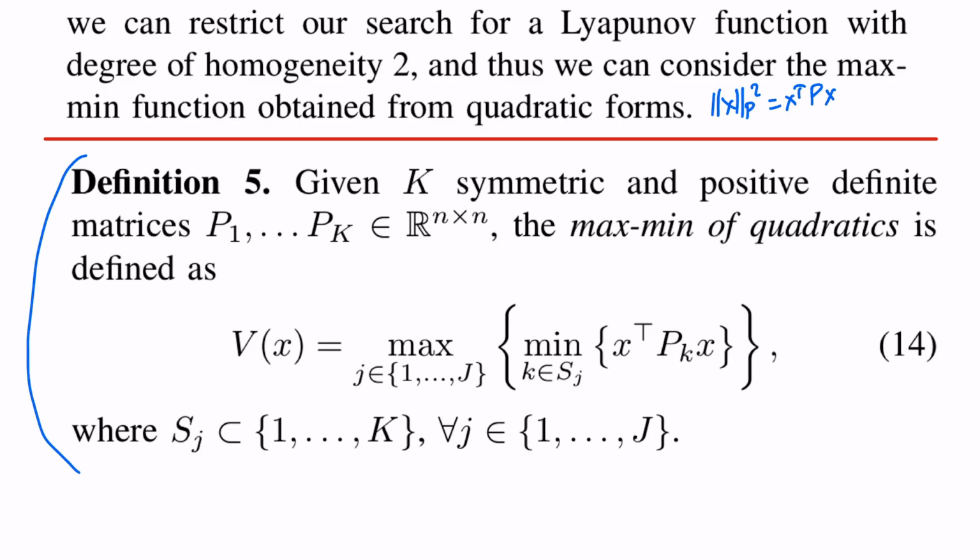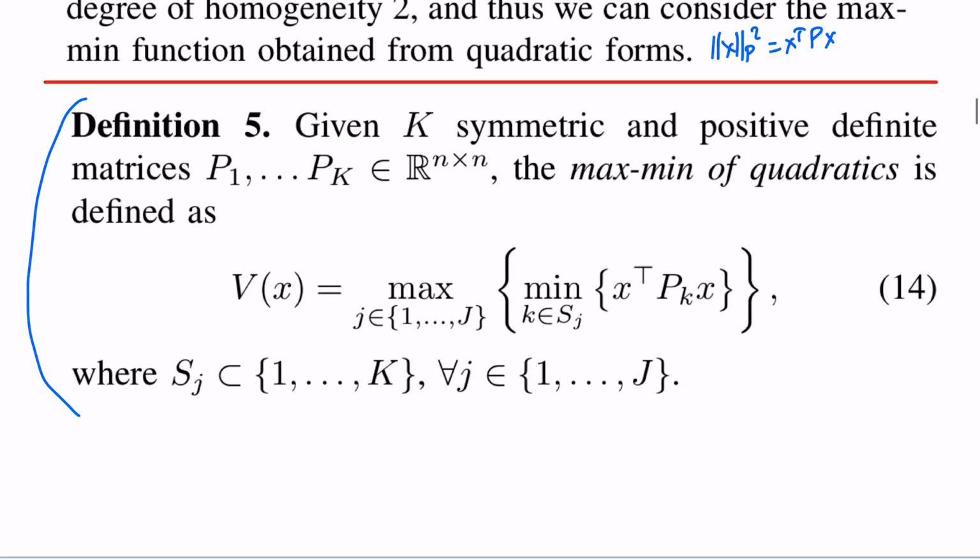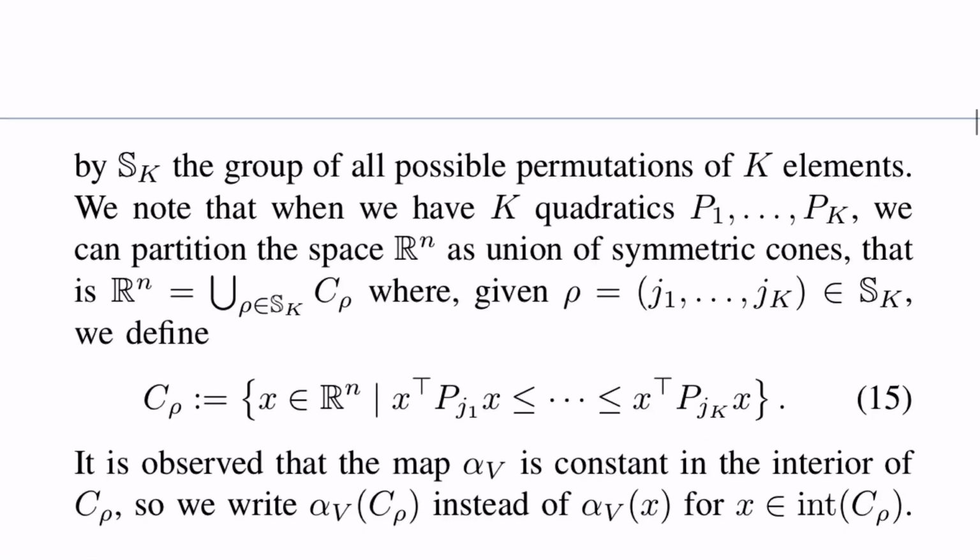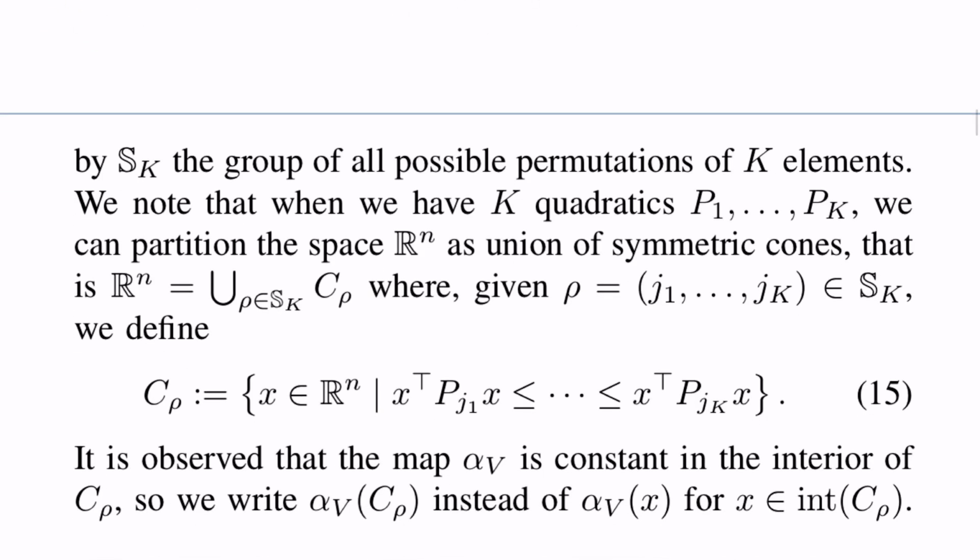MaxMin functions were the first step, and in the second step we are making it more specific. MaxMin of quadratics is basically the structure that we are going to be looking at. Again, instead of v1 up to vk, now instead of vi we will have pi. Everything is the same. This is the notation.